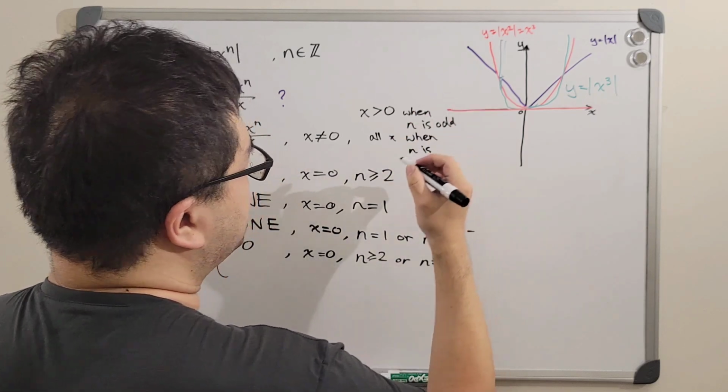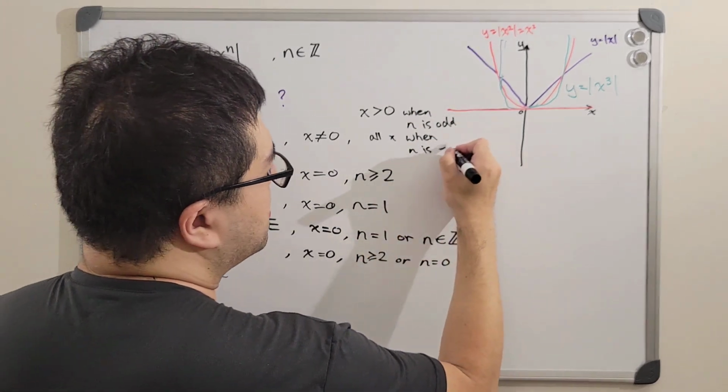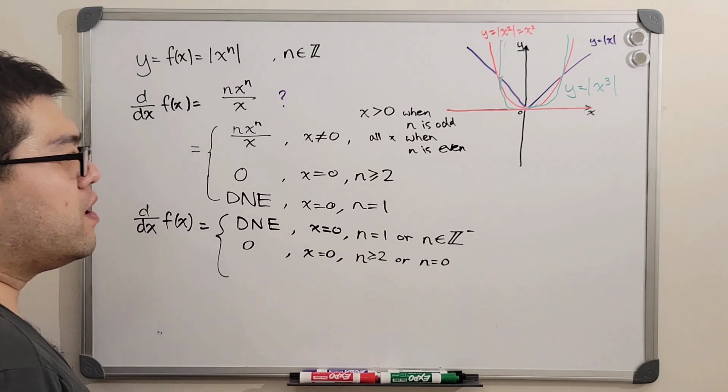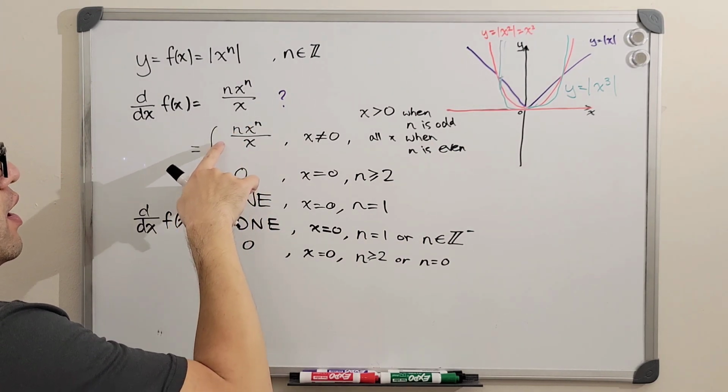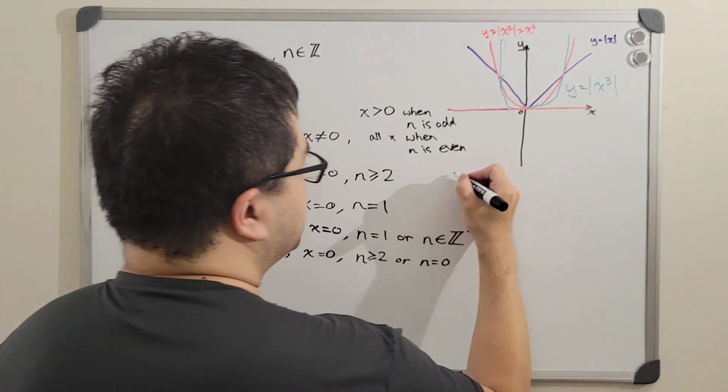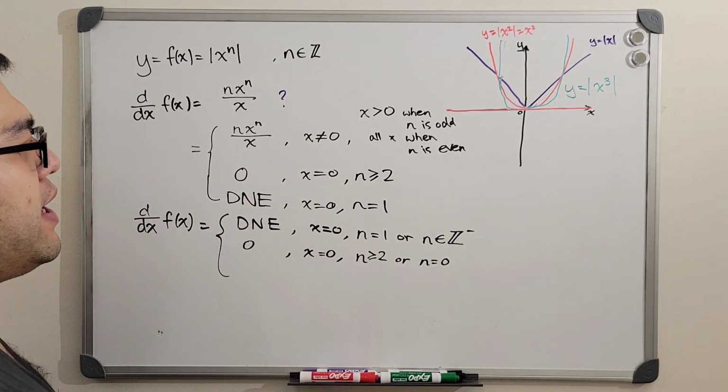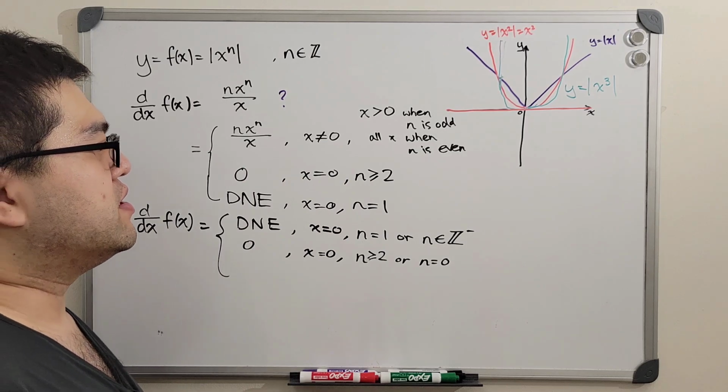Of course, when we say all x, we have to exclude the 0 case. Then how can we combine them back with the negative sign, where the negative sign is saying that x is less than 0 when n is odd.